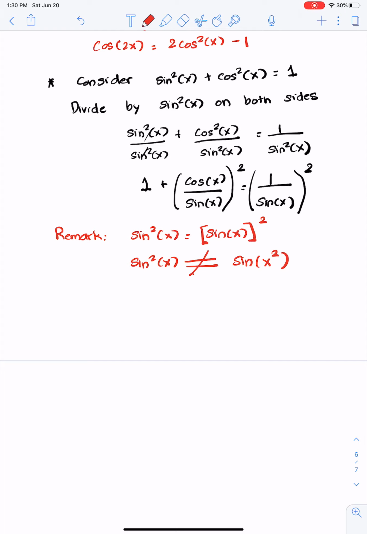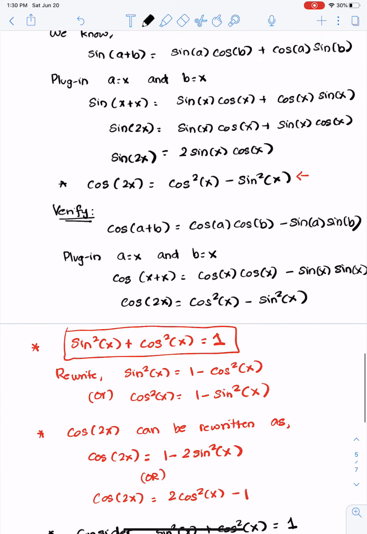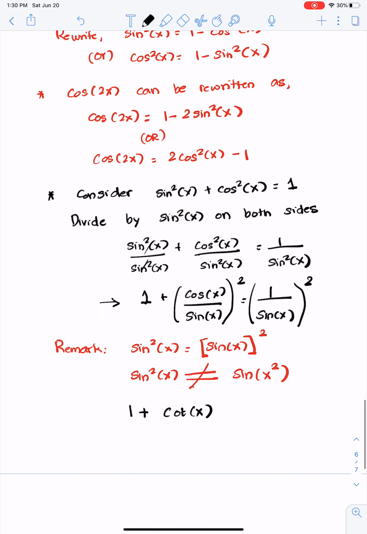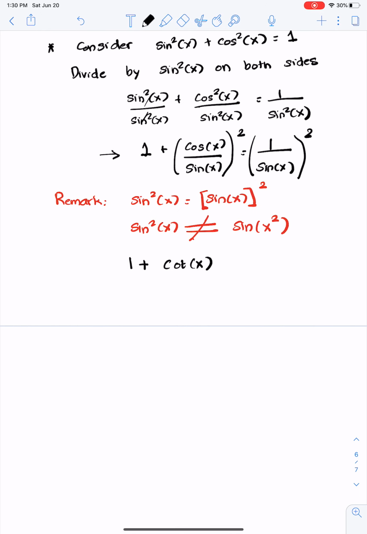So going back to where we stopped, we will have 1 plus. We know what cosine x divided by sine x is. It is simply cotangent x, and 1 over sine x is simply cosecant x.